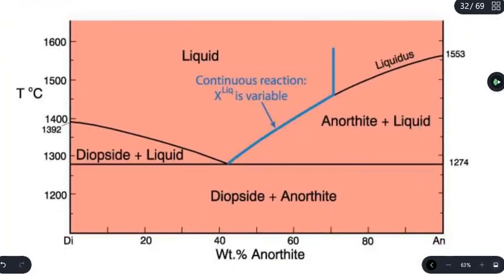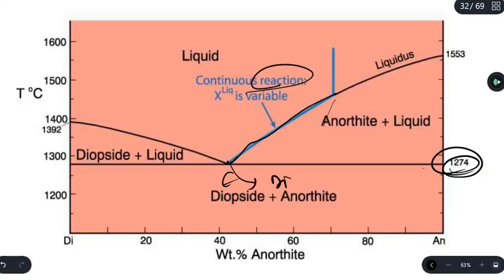Clear? See, along that particular line the reaction happening is called continuous reaction, but at the eutectic point, at a particular temperature, that means 1274, the reaction happening is called the discontinuous reaction.